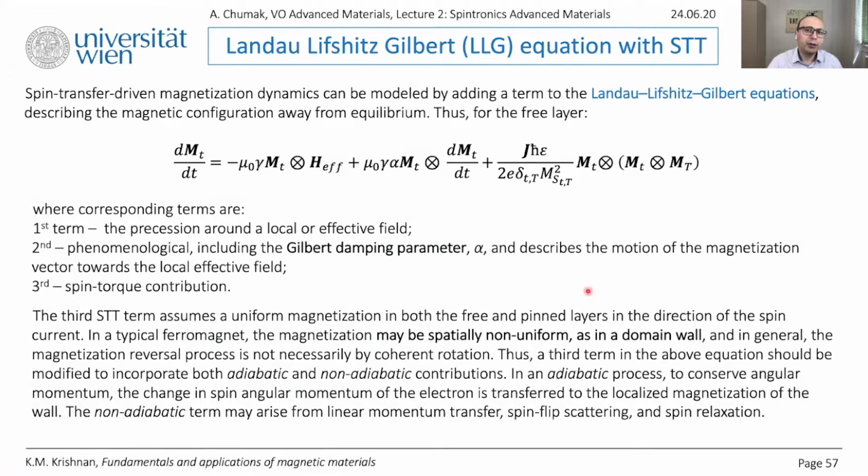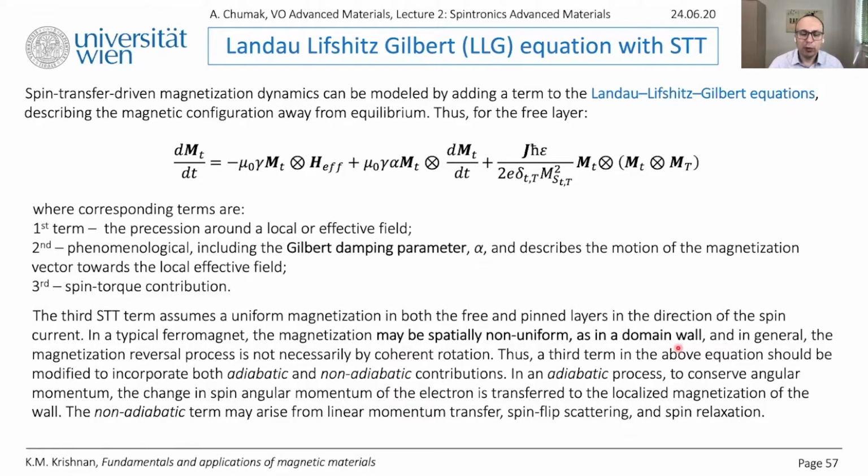And now when you have this equation, LLG, you just add here the additional Slonczewski torque, describing your torque, and in principle you can get all the physical phenomena which we were discussing. There is only a little comment here, that you need to distinguish between two cases: when you describe two magnetic layers separated by a spacer, and when you describe magnetization which is spatially non-uniform, namely when you're working with a domain wall.